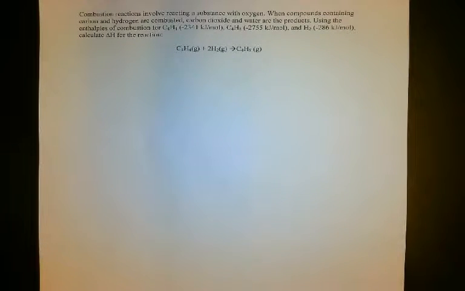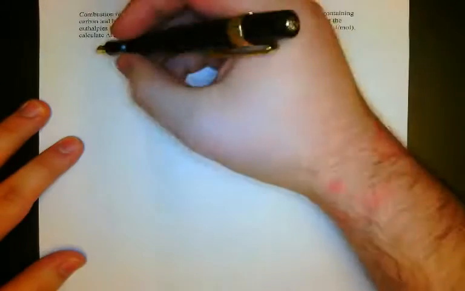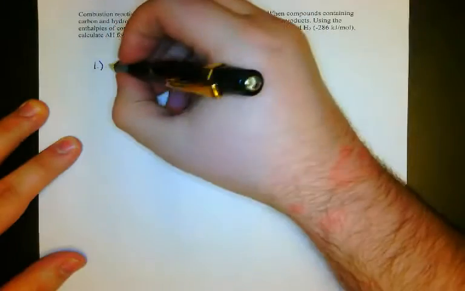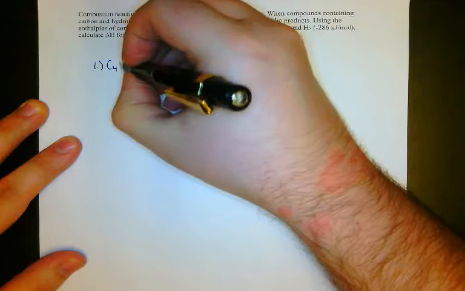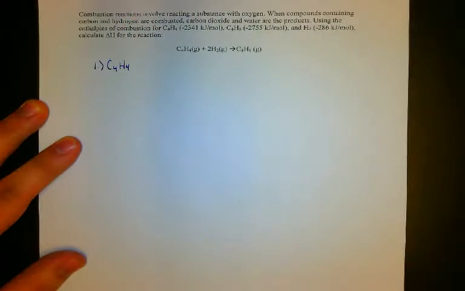So I need to set up my data. And I know, based on what they're saying, everything is a combustion reaction. So my first reaction has to be the C4H4. And as it said, a combustion reaction is what plus what?